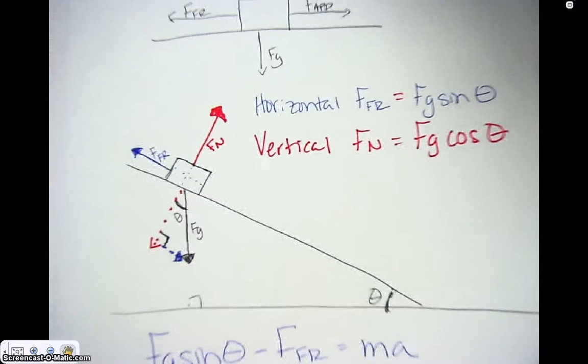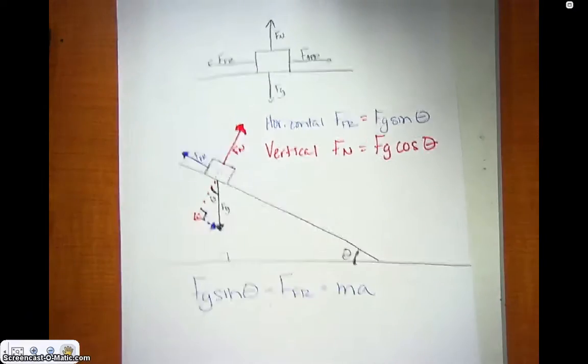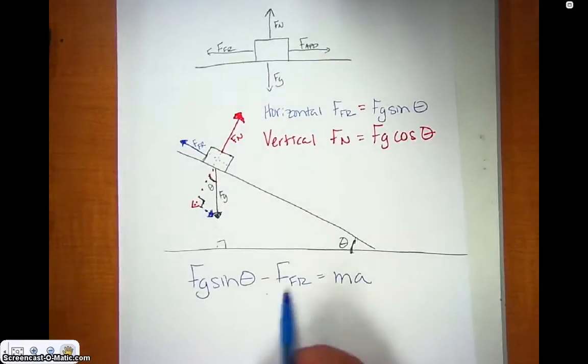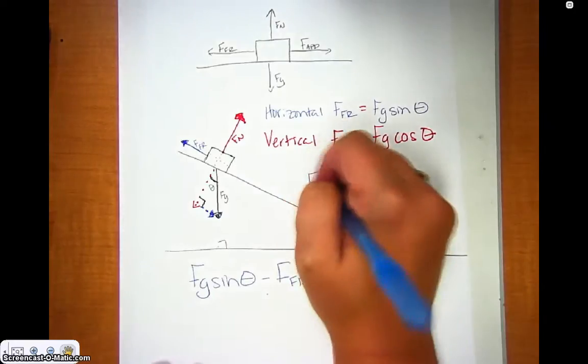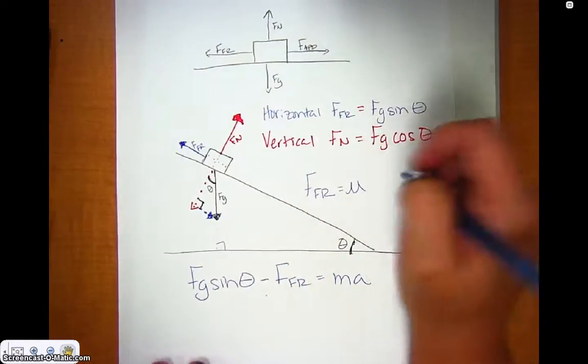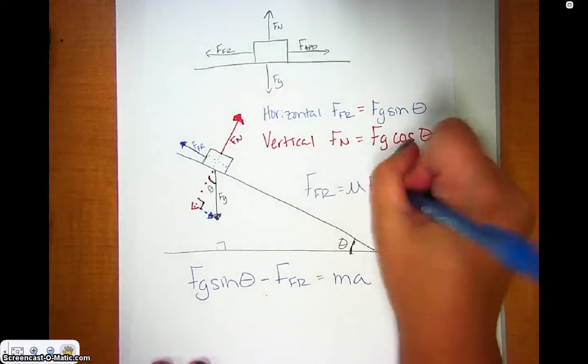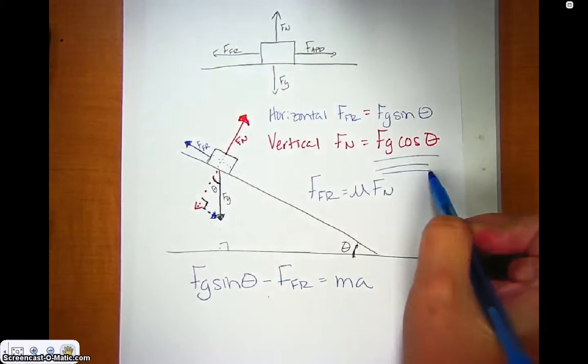Now, it might get even, let me zoom out a little bit. It might get even more complicated in that we know how to calculate friction. The equation for friction is equal to mu times the normal force, right? And we have an equation for normal force here.